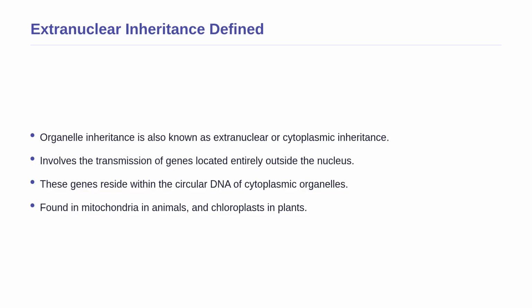Specifically, these unique genes reside within the circular DNA of cytoplasmic organelles. In animals, these are the mitochondria, and in plants, this includes both mitochondria and chloroplasts. These organelles act as independent entities within the cell's cytoplasm, carrying their own genetic codes separate from the main nuclear genome.